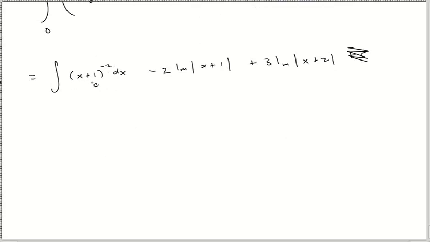So I still need to figure out this integral here. So then you could do u substitution, but notice that we get a 1 right there. And so I got my powers a negative 2. I'm going to add 1 to the power, divide by that new power. And we already knew what u was. And so then I could say, that's a negative over x plus 1, just like this. That's a negative power, so he's in the bottom.